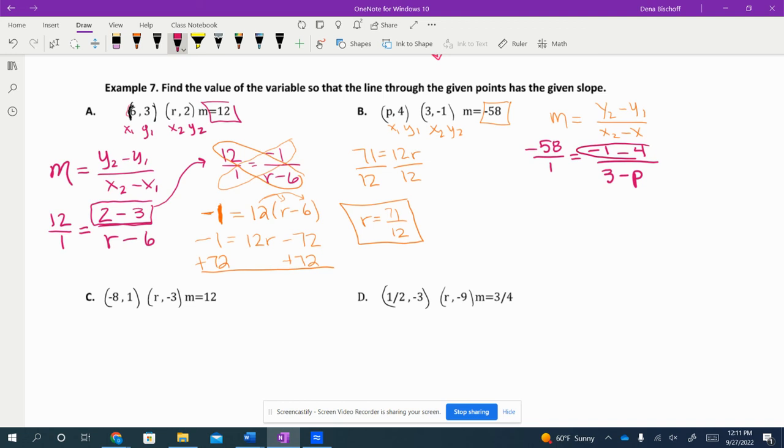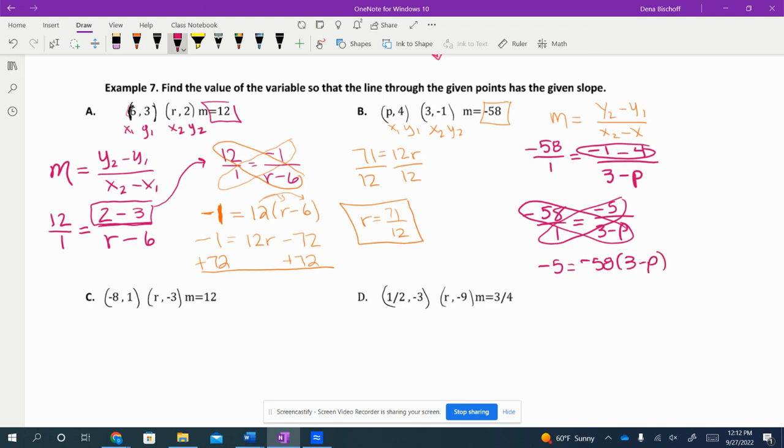So let's simplify this really fast. What is negative 1 minus 4? It is negative 5. So I have negative 58 over 1 equals negative 5 over the quantity 3 minus p. Cross multiply. Negative 5 times 1 is negative 5. Negative 58 times the quantity 3 minus p.